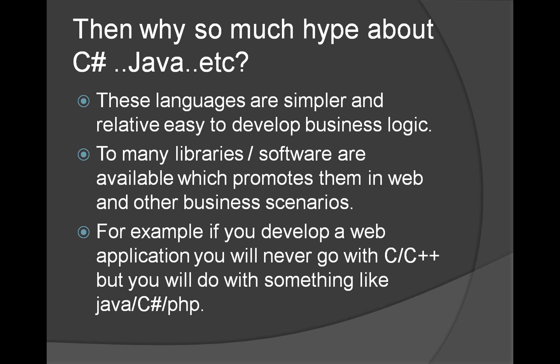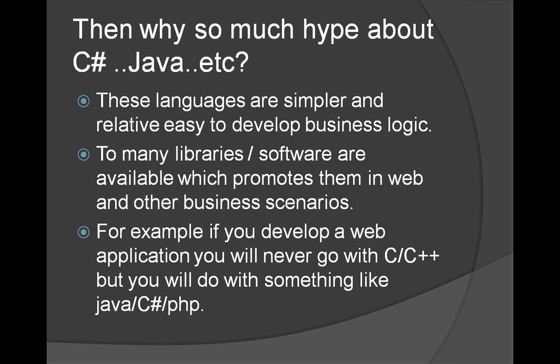So then why do people talk about languages like C# and Java? In most cases, there are more job openings for C# and Java. The reason is, while most of the boilerplate code is written in C and C++, most of the custom logic is written in C# and Java. So if you have a custom application which is used only in a particular company, which doesn't need much performance and things like that, you may go for Java.